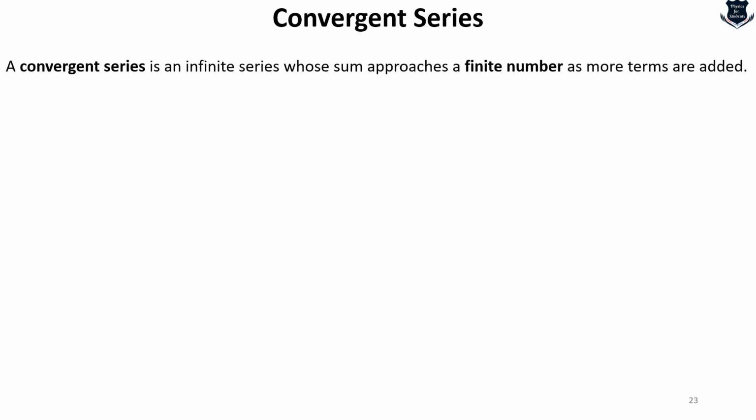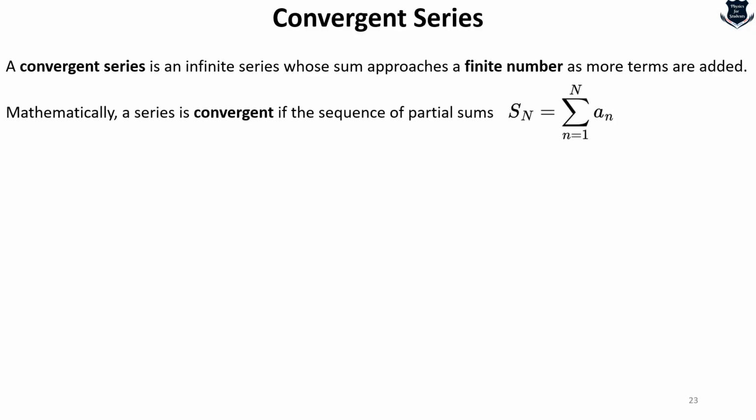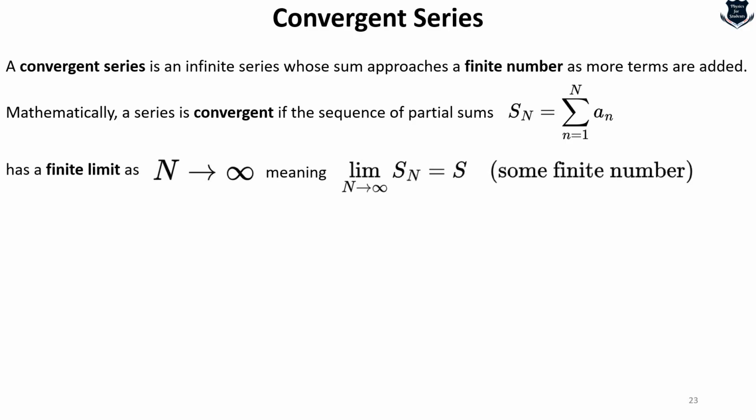A convergent series is basically an infinite series whose sum approaches a finite number as more terms are added. So mathematically, a series is convergent if the sequence of partial sums has a finite limit as n tends towards infinity. Okay. So let us understand it this way: a series is what we get when we add up numbers in a sequence, and the series goes on and on.